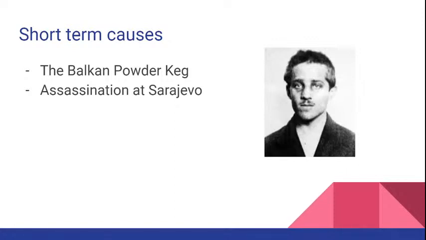The problem was that Bosnia and Herzegovina were owned by Austria-Hungary. To add on, there were Serbian nationalists living in Bosnia and Herzegovina, so there was a lot of conflict arising from that. The Serbians wanted these lands because they had access to the Adriatic Sea.